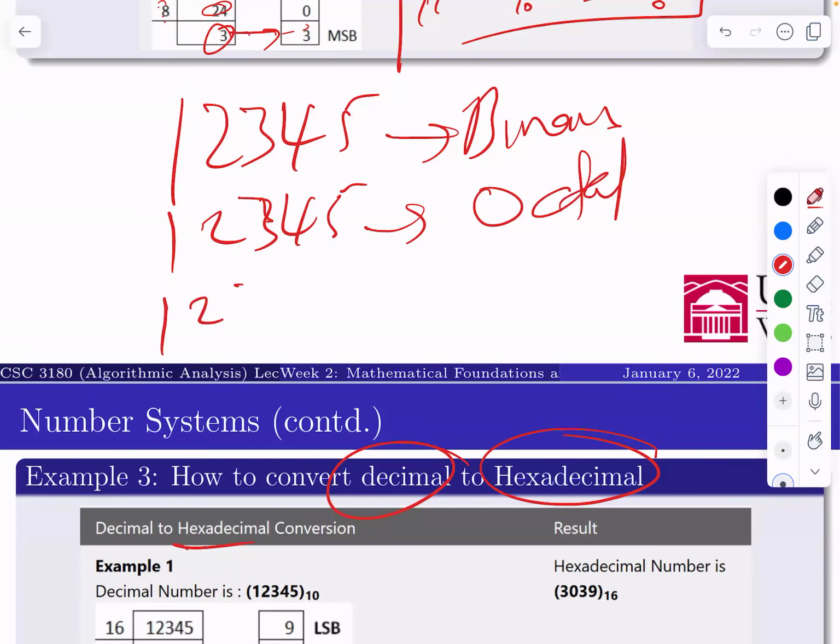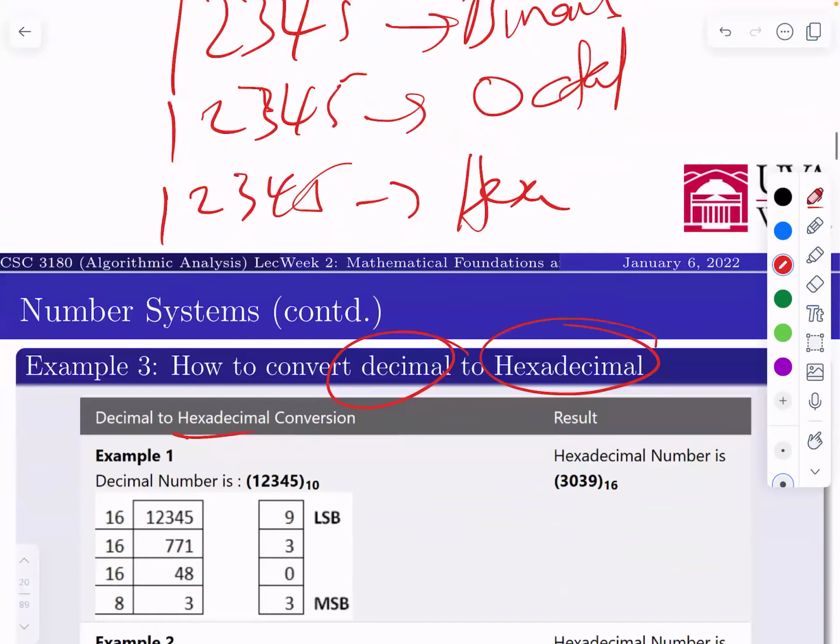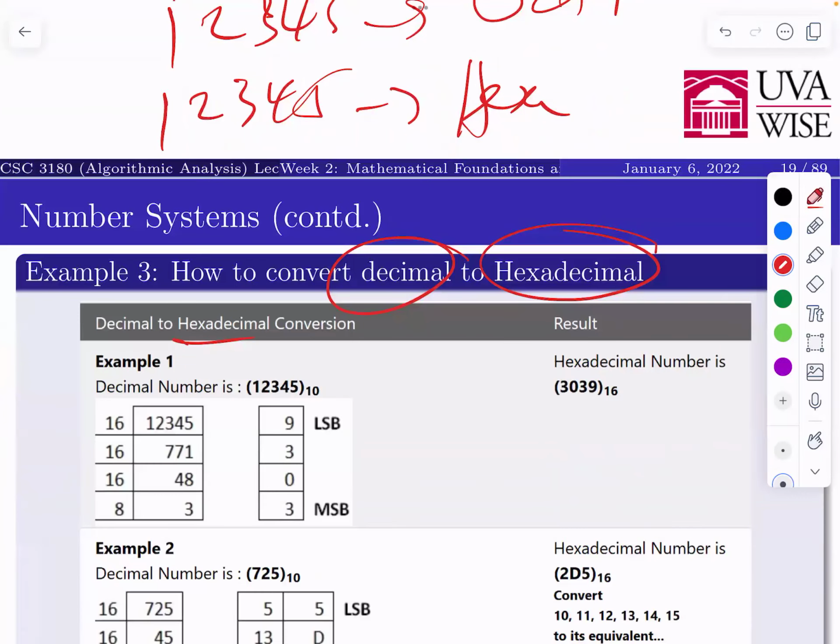You can also convert it to hexadecimal by dividing. You have to divide by 16 because 16 is the hexadecimal base. So you divide this number by 16, it's going to give you this, but the remainder is 9. When you divide 771 by 16, it's going to give you 48, but the remainder is 3. When you divide 48 by 16, it's going to give you 3, but the remainder is 0.